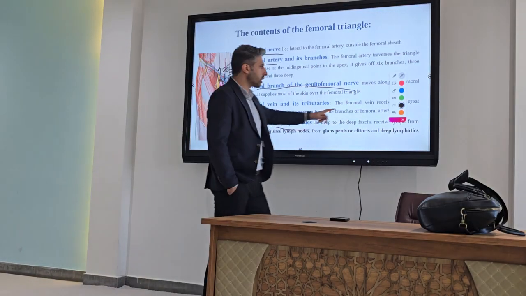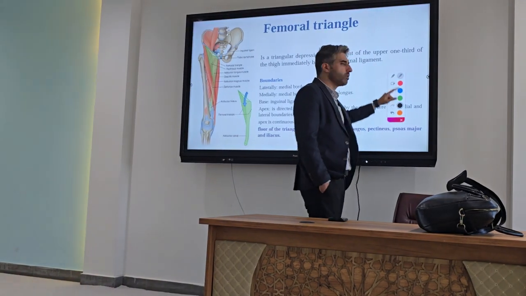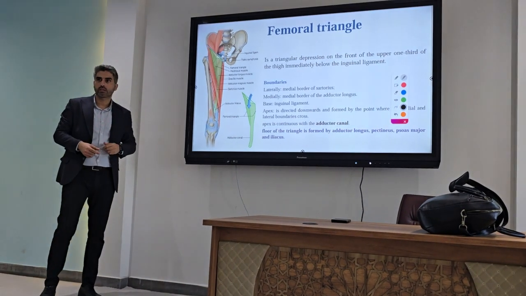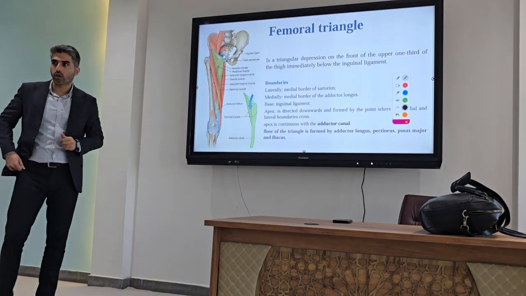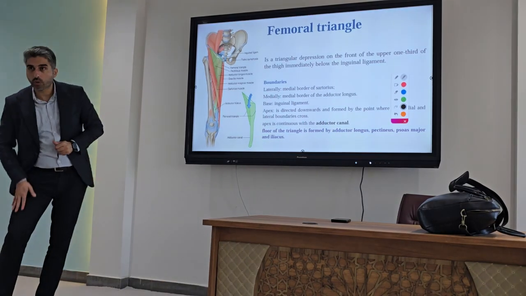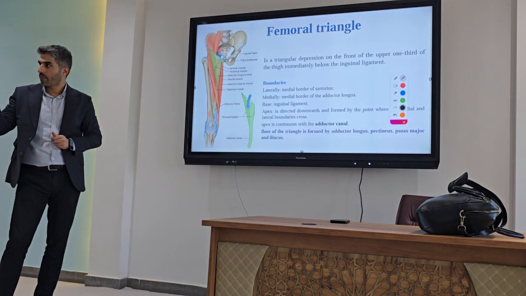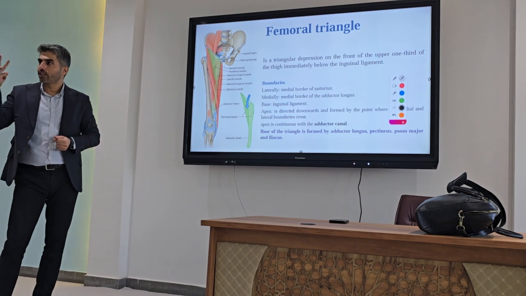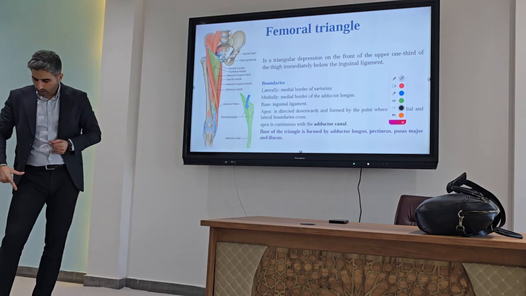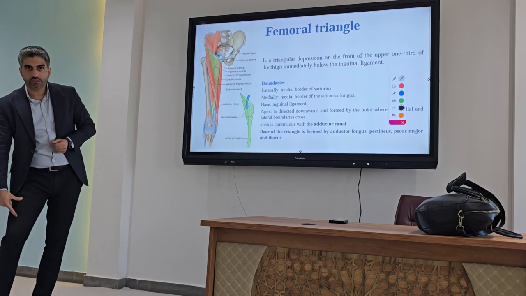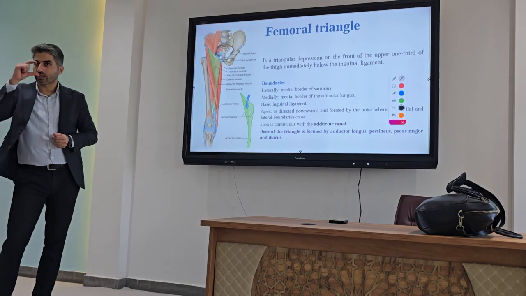So what is this triangle? Why can we see this triangle? Look at the picture. This is the point, it's very important. When you see the thigh, all parts of the thigh, you can divide it into three parts: upper 1/3, middle 1/3, lower 1/3.